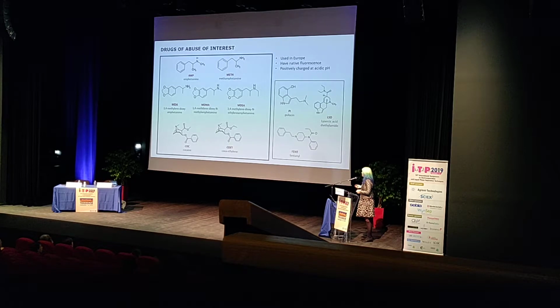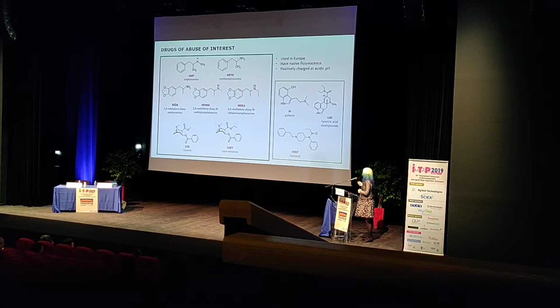And cocaethylene is formed in oral fluid when the person has also taken alcohol, which means even more impact on their impairment. In addition to amphetamines and cocaines, you have other drugs that have native fluorescence, like psilocin, LSD, fentanyl. They all have native fluorescence, and they are positively charged at acidic pH.